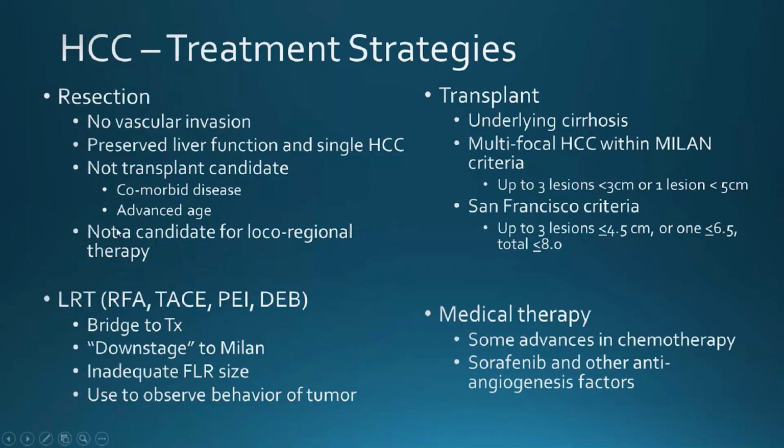And then these patients probably are candidates for local regional therapy when we don't want to do resection. Local regional therapy like radiofrequency ablation or transarterial chemoembolization, percutaneous ethanol injection, or radiation therapy, these can all be used as a bridge to transplantation or downstaging of the tumor.